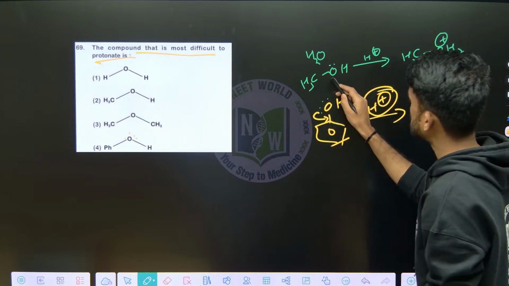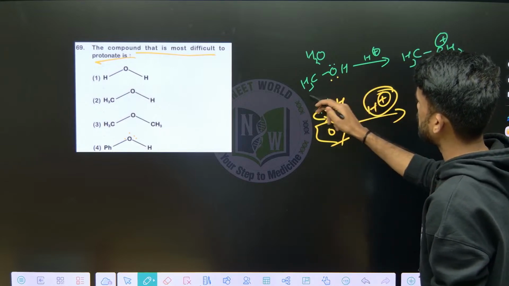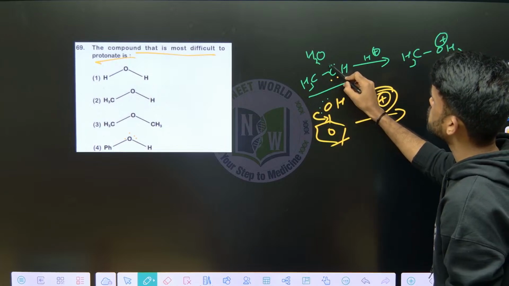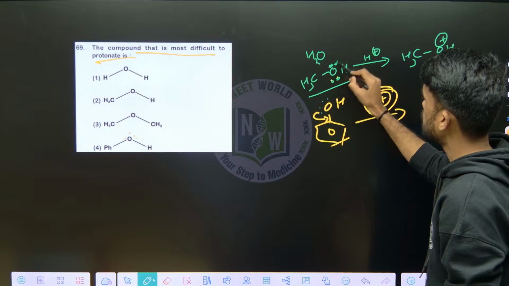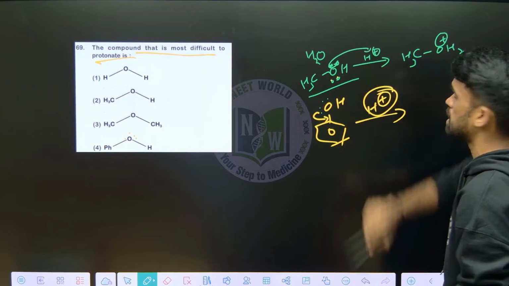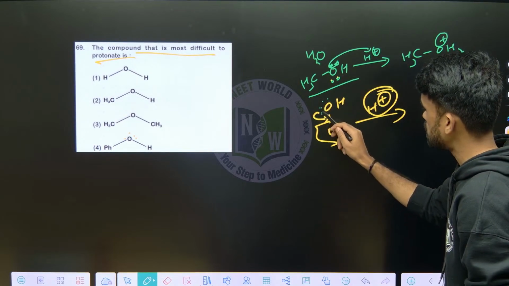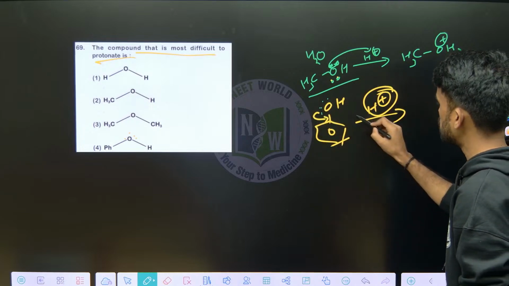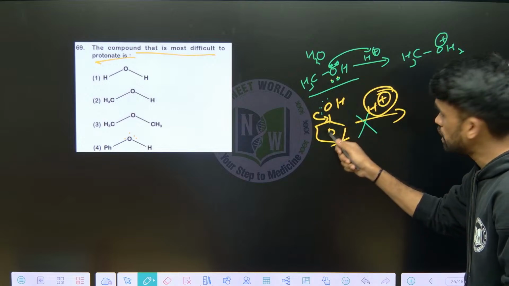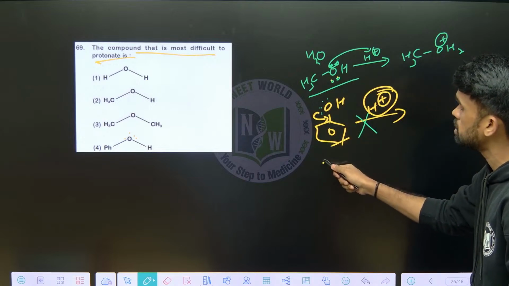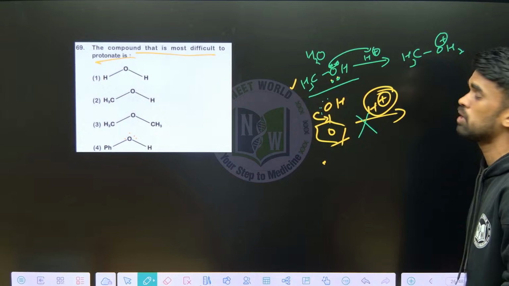But when we discuss the aliphatic alcohols, the oxygen lone pair electrons are freely available to accept this H plus ion, but here these are participating in the conjugation, therefore they are less available. So it is very difficult to protonate the less available lone pair electrons compared with the freely available lone pair electrons.